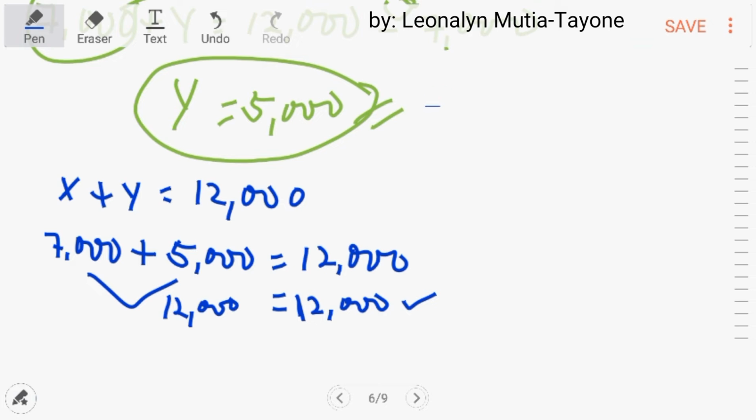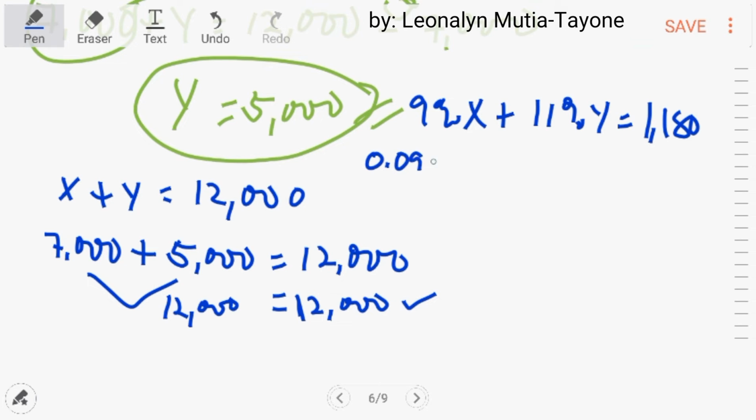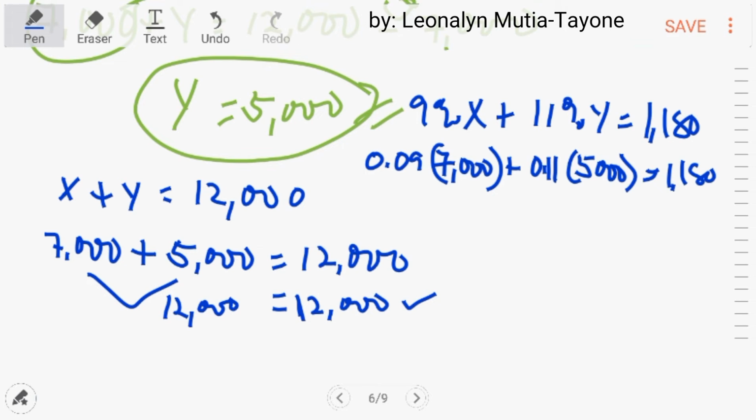Now, let's double check using the second equation, which is 9% of x plus 11% of y equals 1,180. Then 9% is 0.09 of the value of x, which is 7,000, plus 0.11 and the value of y is 5,000 equals 1,180. So, isolve natin to.